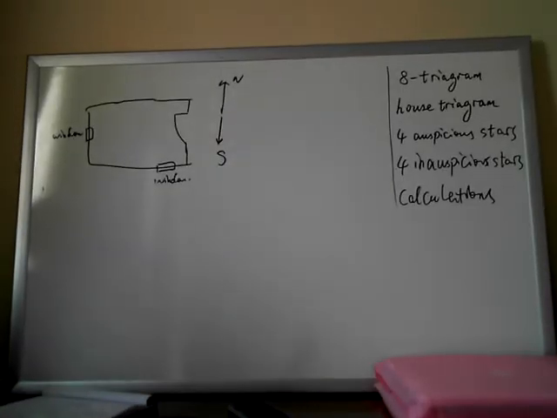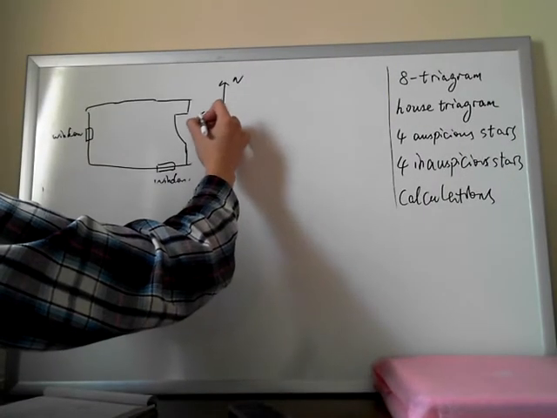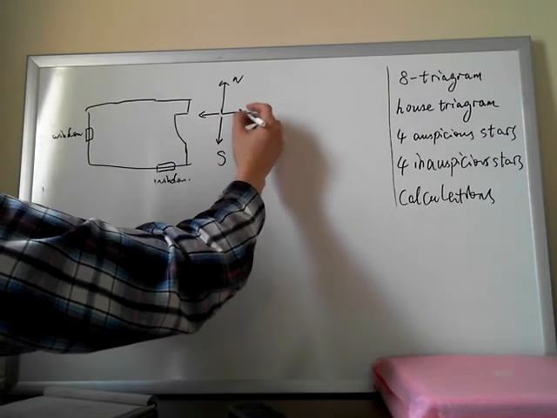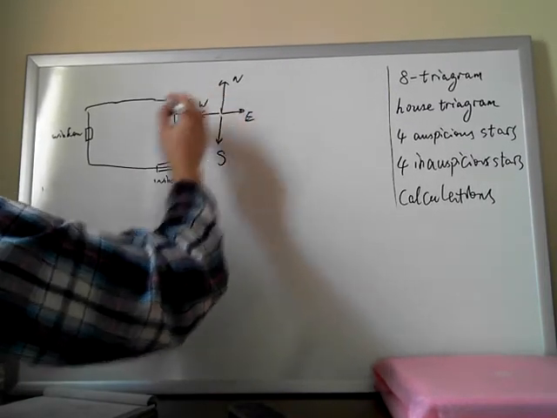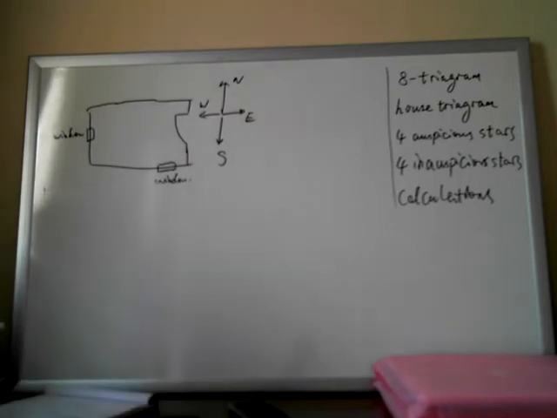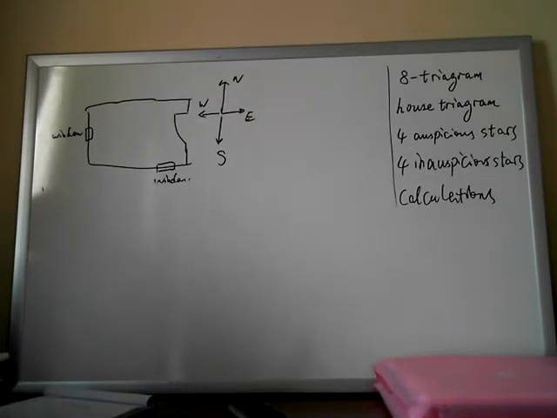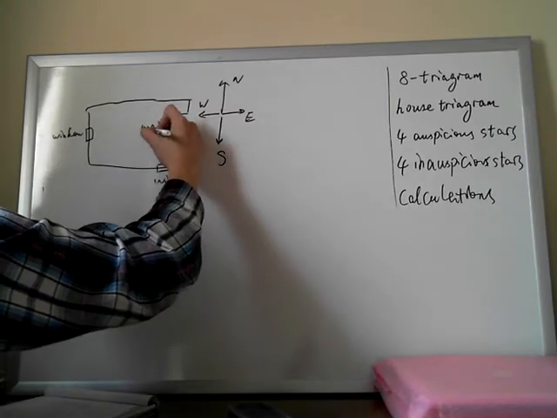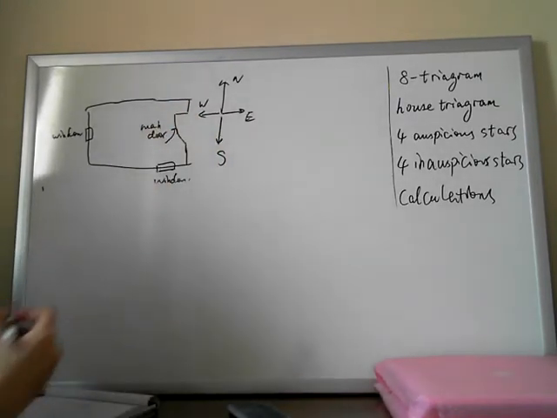So what is the house trigram of this one? So easy. This direction is east, that's west. So this house is sitting west, facing east. This is the main door.